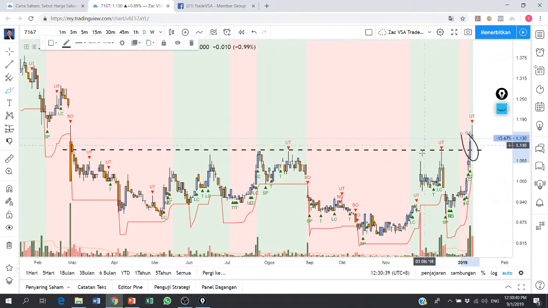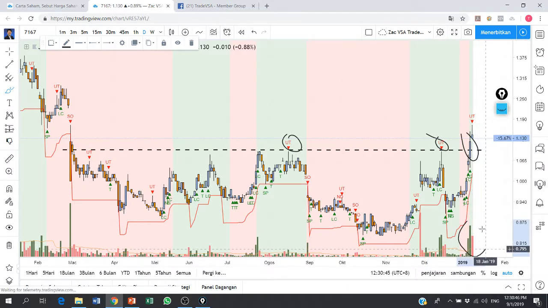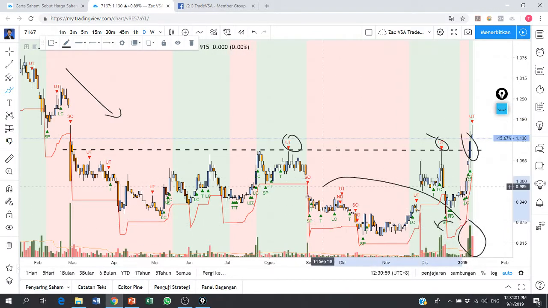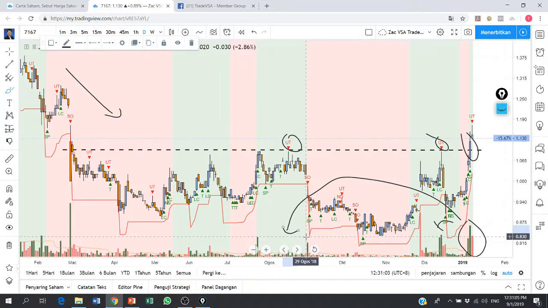It closed above this upthrust and this upthrust as well. Volume is high. This is the volume that I want to see when I trade this type of chart, especially if your background is weak. This volume is definitely higher than here, and higher than here, indicating that smart money is ready, they have already accumulated and want to push up higher.